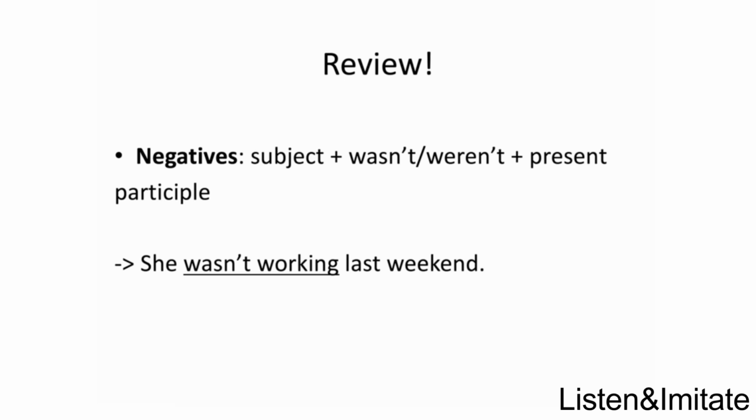To form negative sentences, we follow the structure subject plus wasn't or weren't plus the present participle. She wasn't working last weekend. Remember, wasn't is the contracted form of was not, and weren't is the contracted form of were not.